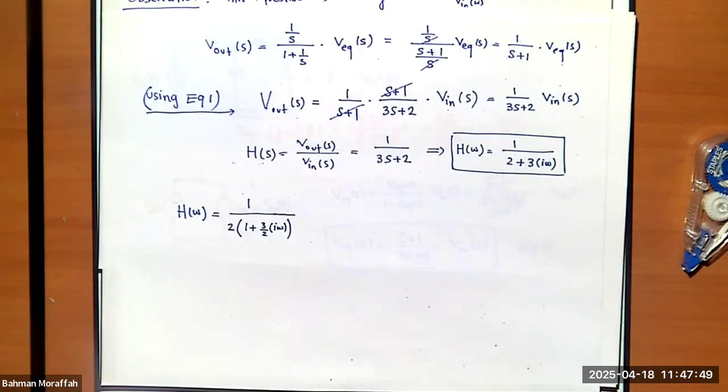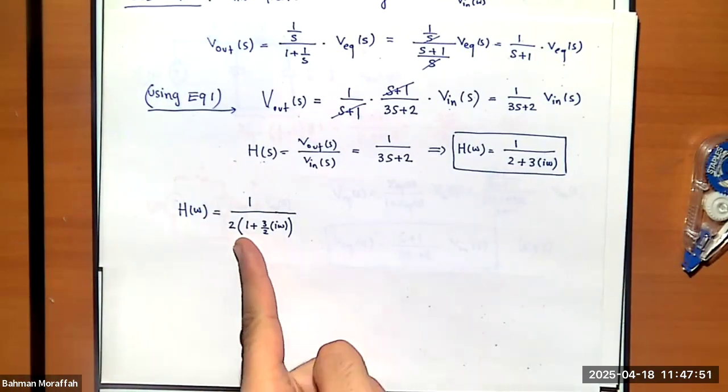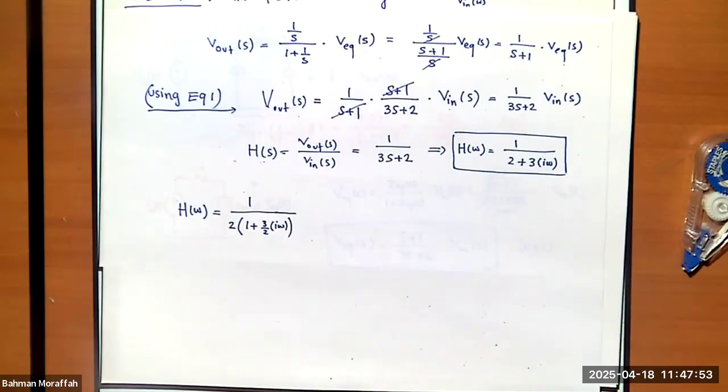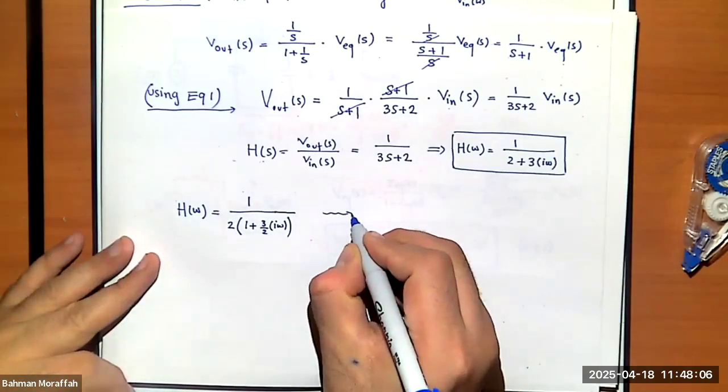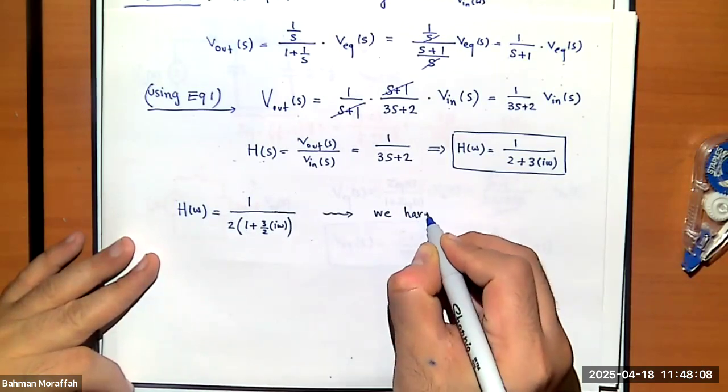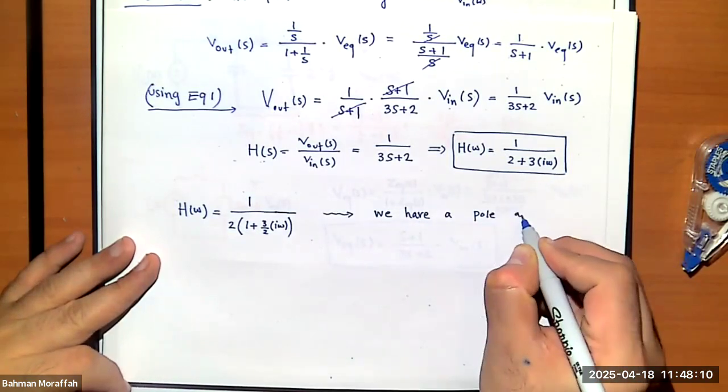What does that tell me? It tells me my constant is half. What is my pole? I have to write it as 1 plus i omega divided by p. So it's 2/3.